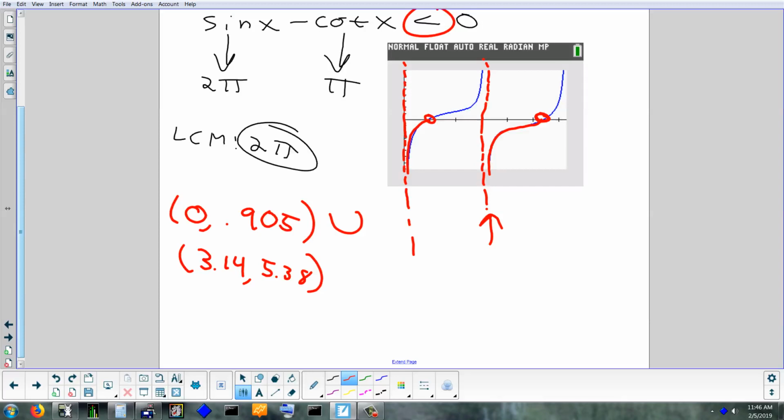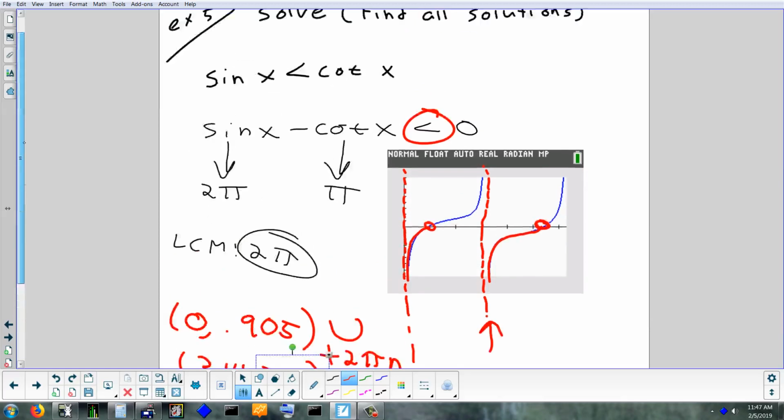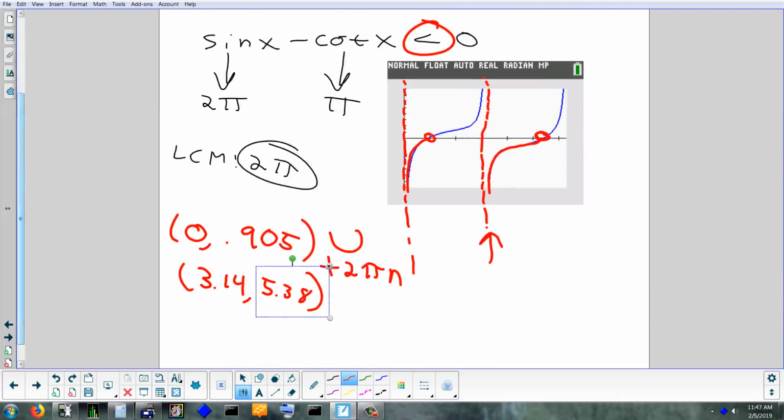Every 2 pi, just like an answer. So you're going to just put plus 2 pi n. So in other words, if you added 6.28 to every one of those numbers, you'd get those intervals in the next cycle. And if you added another 6.28, you'd get them again in the next cycle after that. That's an inequality. Questions on that?